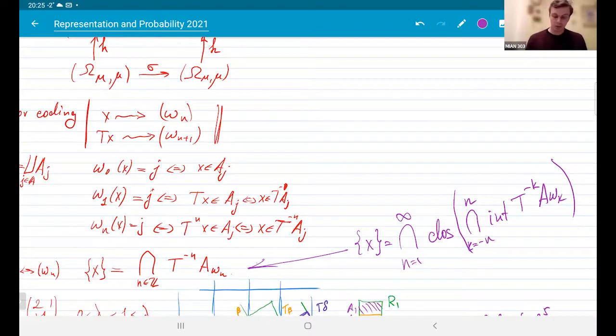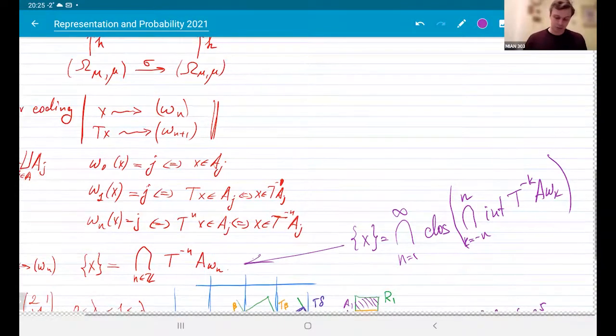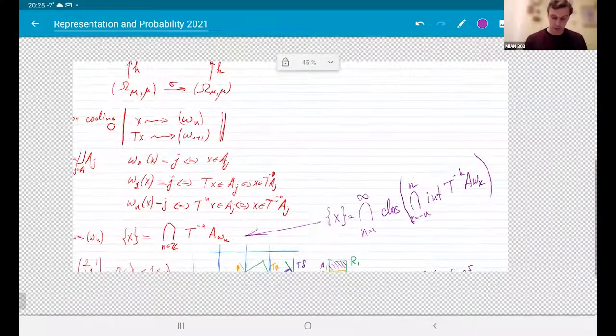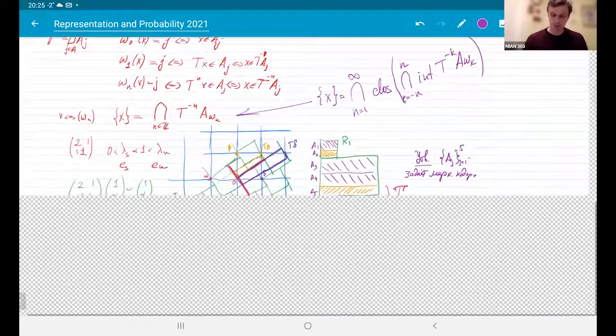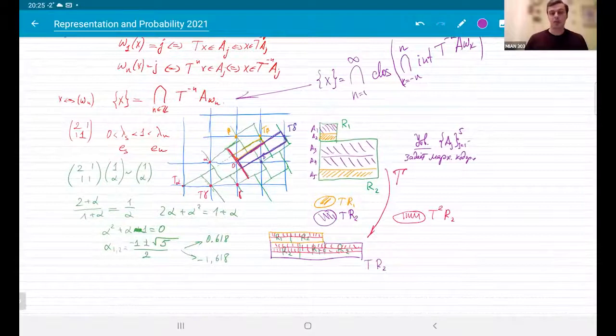Смотрите, во-первых, поняли ли вы эти картинки? Здесь нарисовано, как соотносятся образы и прообразы, как соотносятся R1 и R2, а также TR1 и TR2.